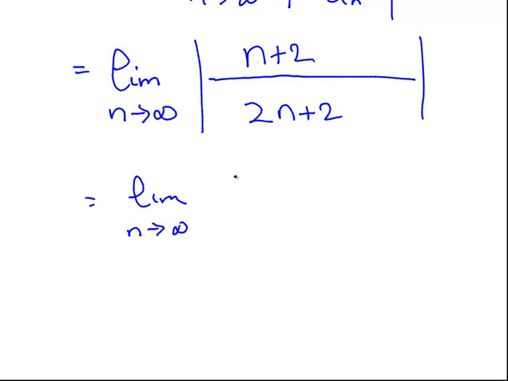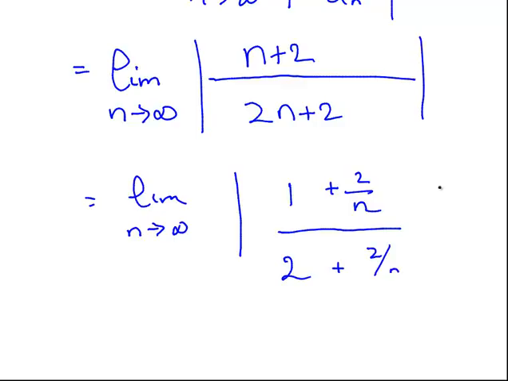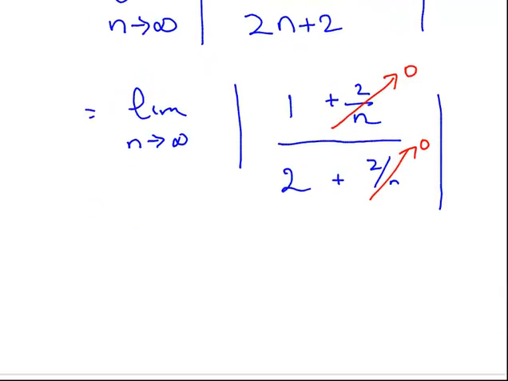In this case, the highest power of n is 1. So we divide through by the highest power of n. This 2 over n, as n goes to infinity, becomes 0, just using basic limit rules. Likewise, the other 2 over n becomes 0 also. So the limit is the absolute value of 1/2, which is a half.